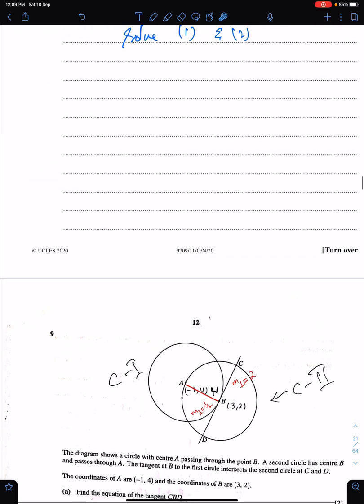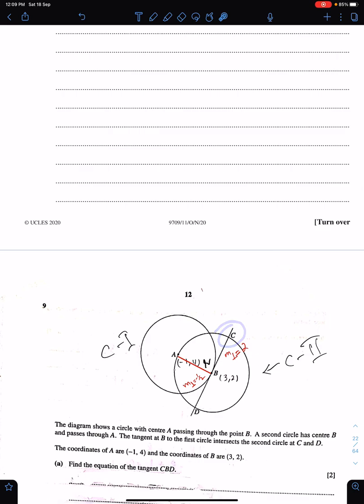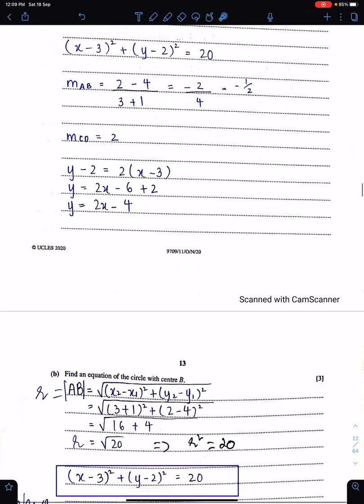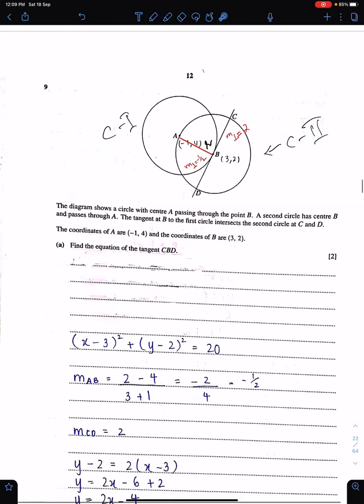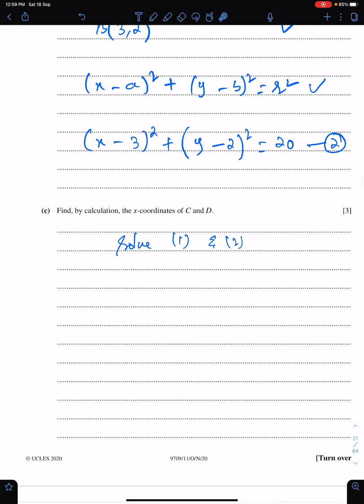Because D is lower than C, the x coordinate of D should be 1 and the x coordinate of C should be 5, because the x coordinate of C is greater than the x coordinate of D. So the answer is, x coordinate of C is 5 and the x coordinate of D is 1.